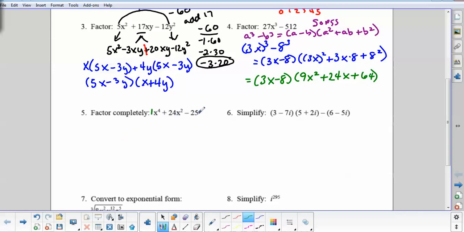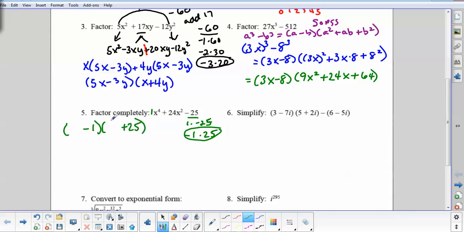So -25 could be 1 times -25. That would give me -24. And then if I just switch the signs, I do -1 times 25, that's the pair of numbers that adds to 24. So that's the pair you want to use. And so your factors are going to be minus 1 and plus 25.